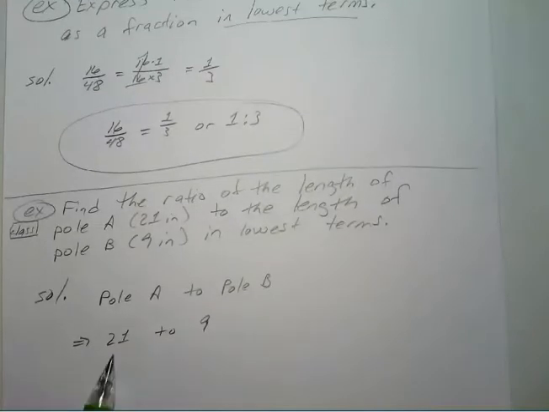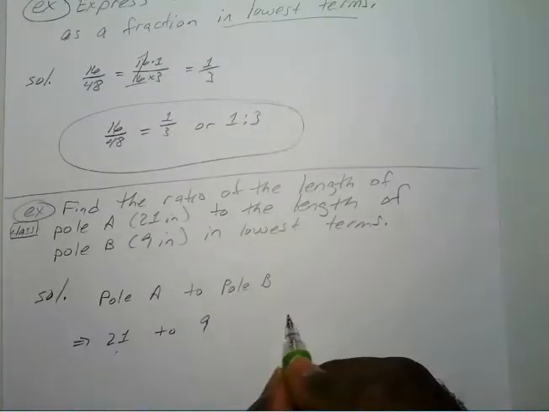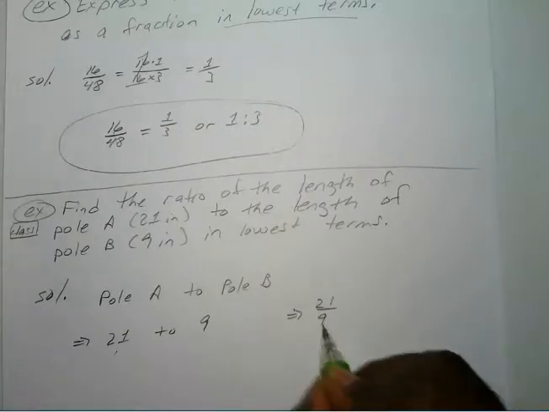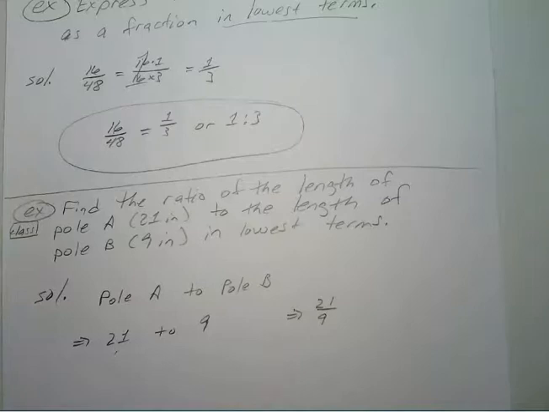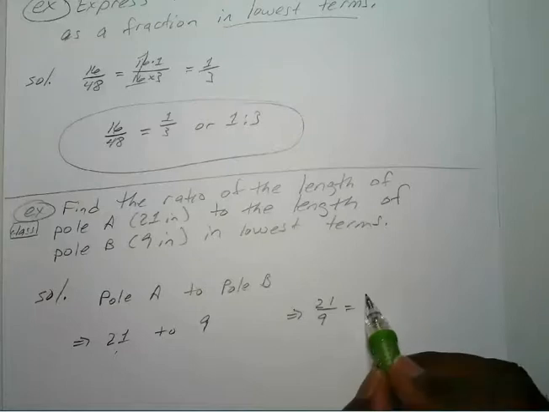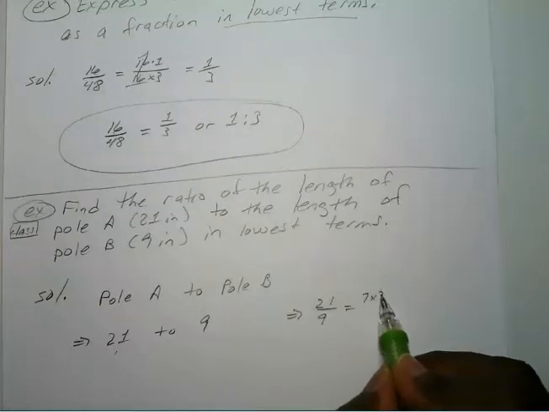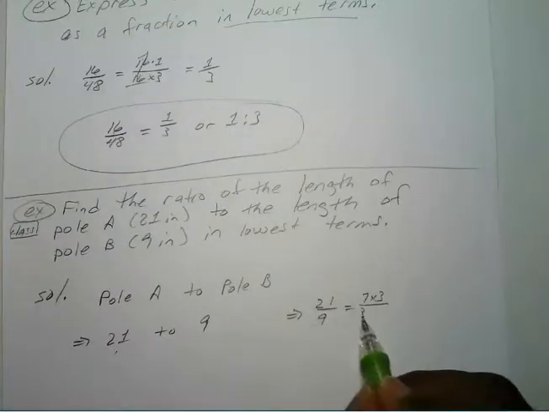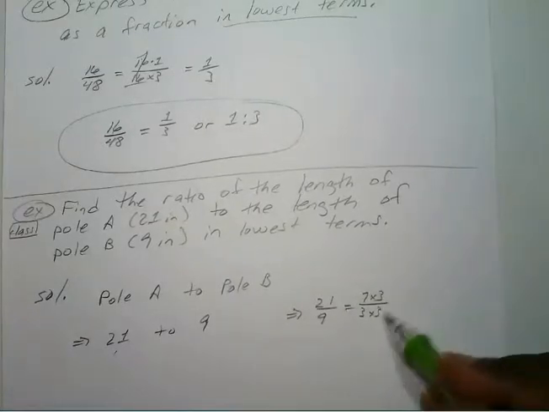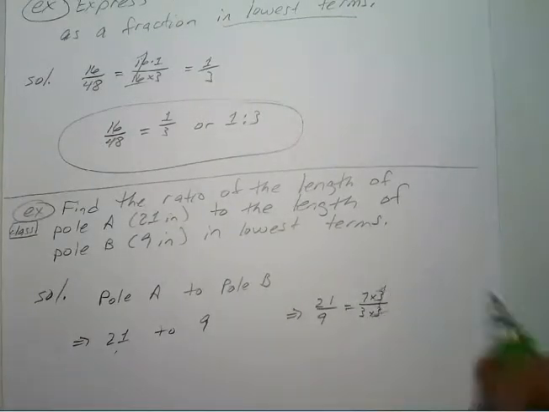Okay, now since the 21 is mentioned first, pole A, we're going to write that as a ratio of 21 to 9. But we can simplify that because 21 is 7 times 3, and 9 is 3 times 3. Okay, anything divided by itself is equal to 1.